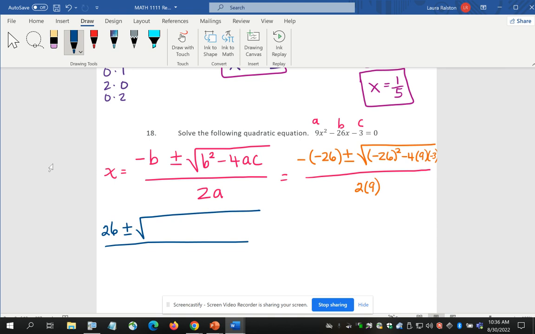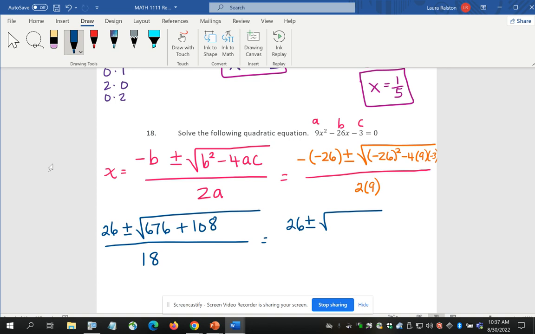I'm going to get my calculator out. Negative 26 squared, negative 26 times negative 26 is 676. Minus 4 times 9 times negative 3 is plus 108 over 18.